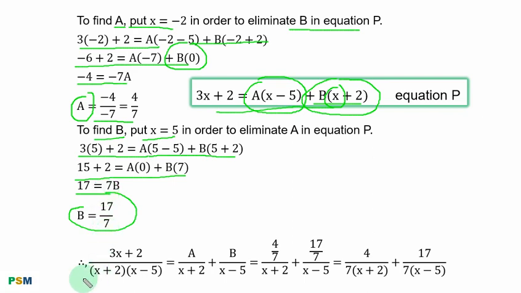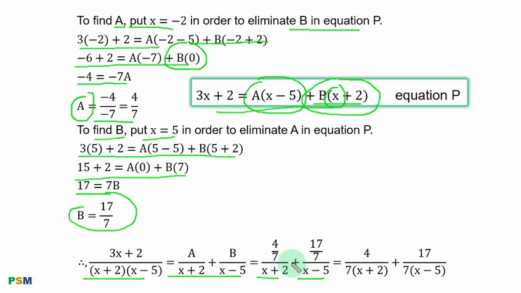Therefore, the given compound fraction is equal to the partial fractions. To continue, you replace A with 4 over 7 over the linear factor plus B, 17 over 7 over this linear factor.